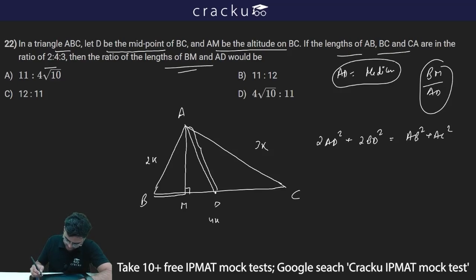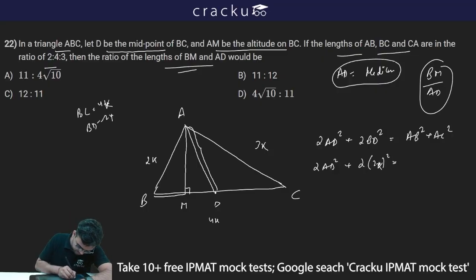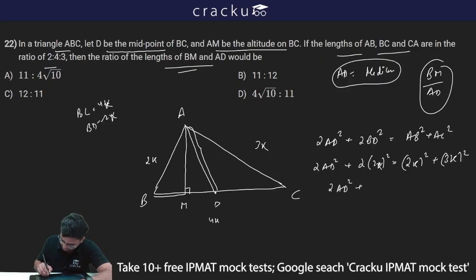BC is equal to 4k and D is the midpoint, which means BD will be 2k. So 2 into 2k whole square, AB is 2k whole square and AC is 3k whole square. Thus 2AD square plus 8k square is equal to 4k square plus 9k square.